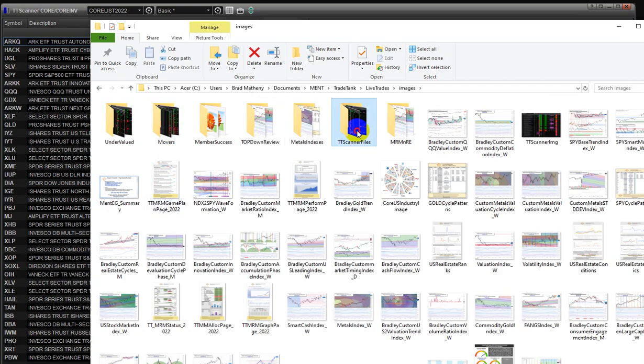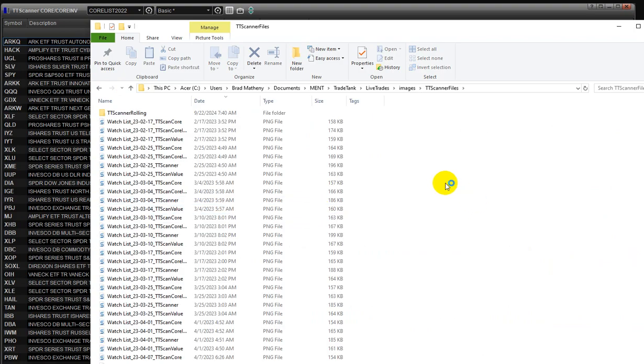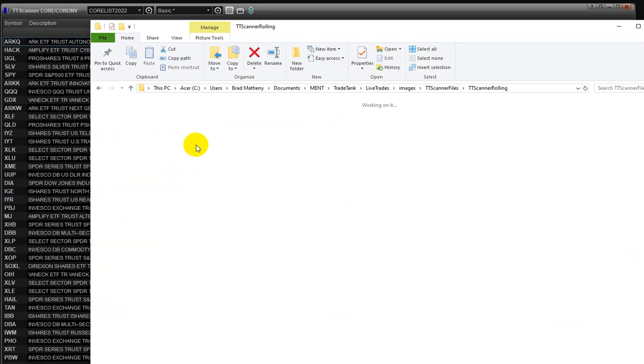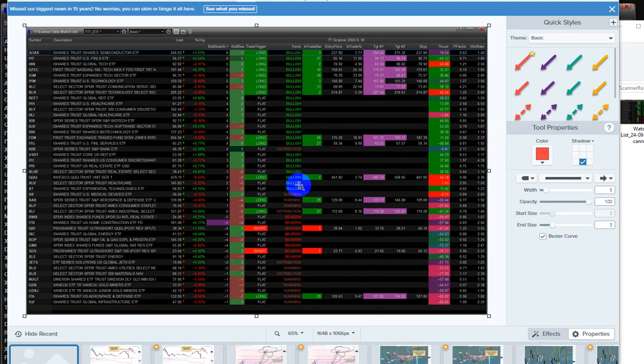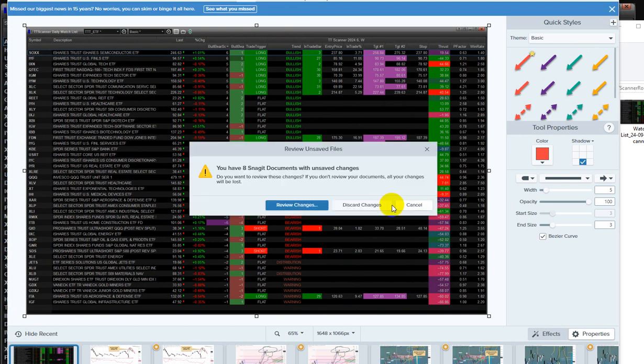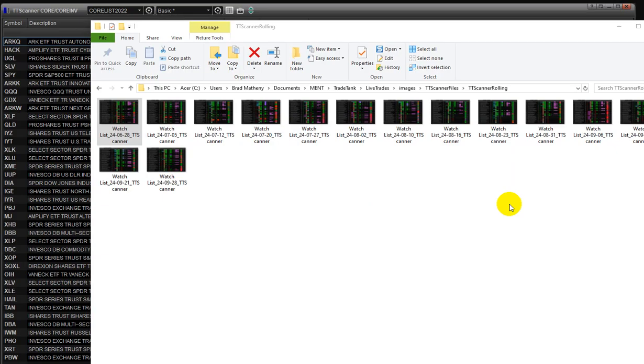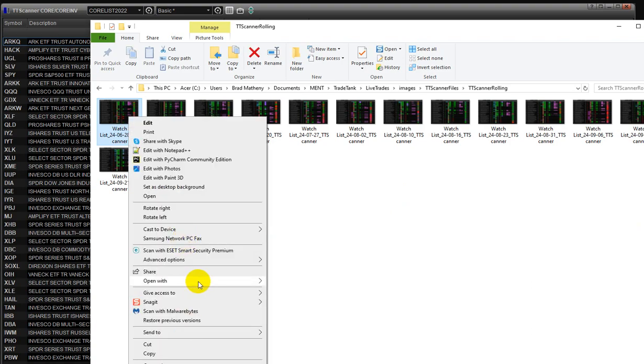And I think it was here, yeah, here's TTScanner rolling. So what this is, this goes back from 628 to 928. I don't want it in here. Close, discard, and open with photos.